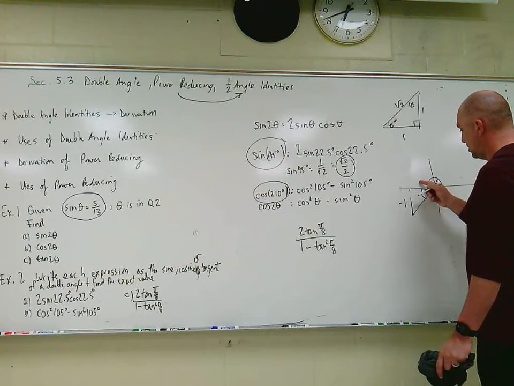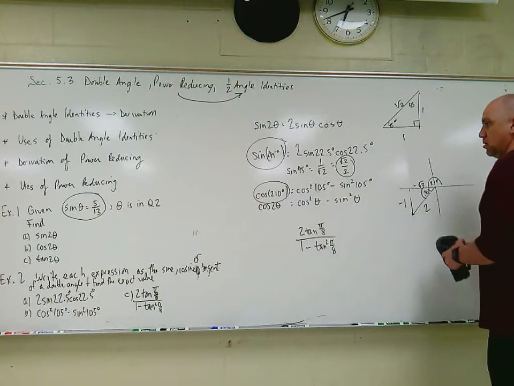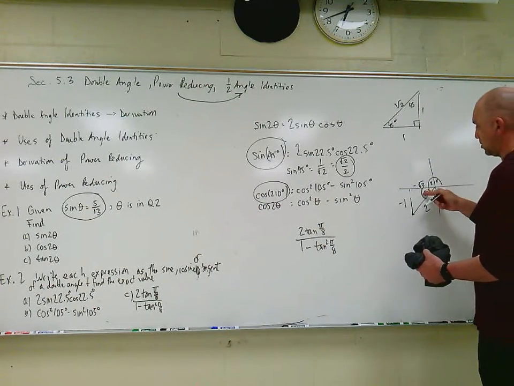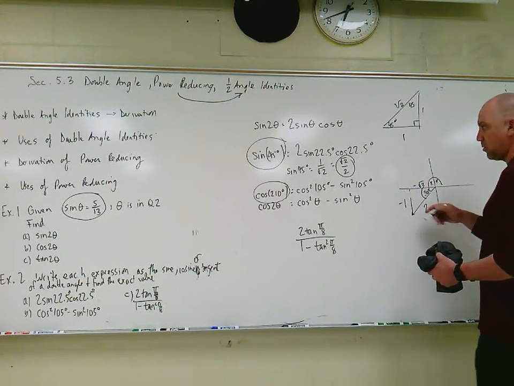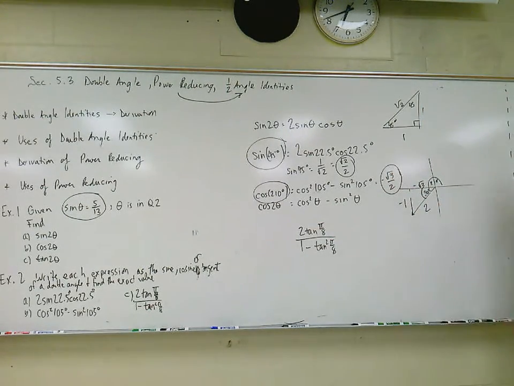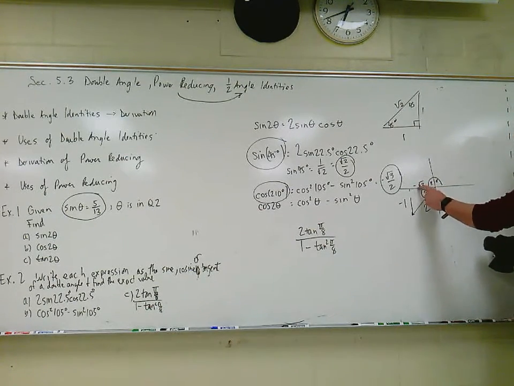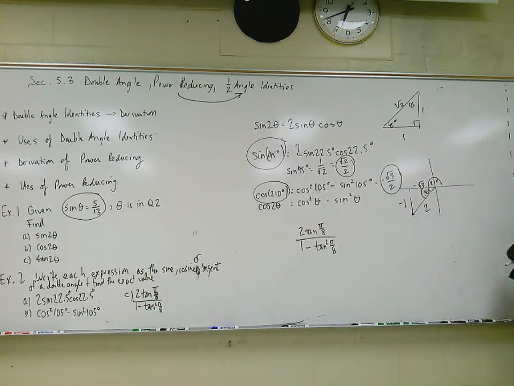Adjacent? Negative square root 3. Hypotenuse? 2. All right, and so I just got to find the cosine. So the cosine is adjacent over hypotenuse, so you get negative square root 3 over 2. Because it's 210, the reference angle is 30 and because it's third quadrant, that's why it's negative.